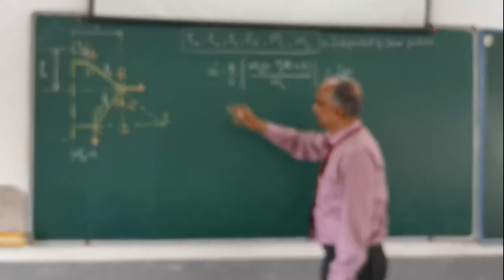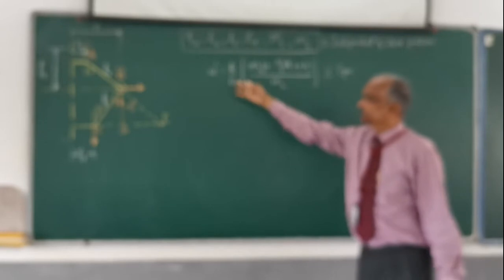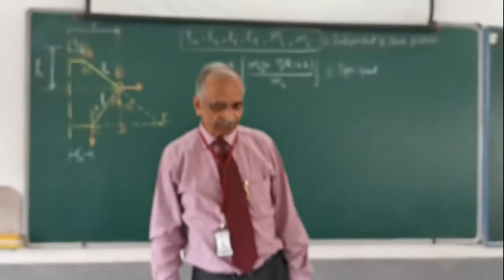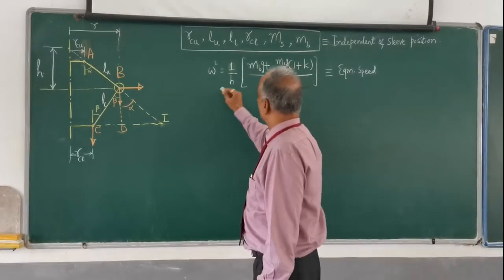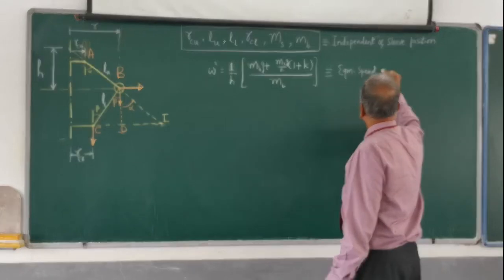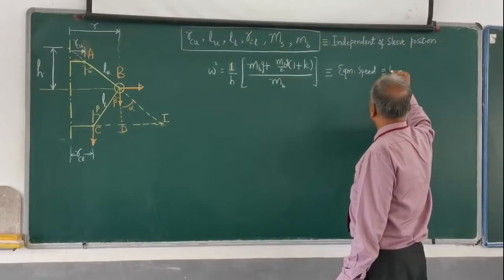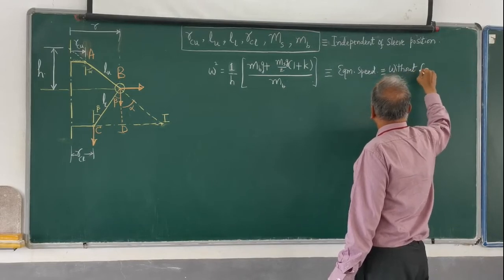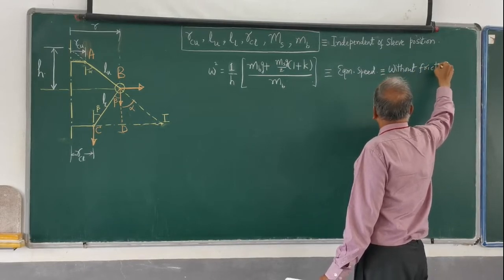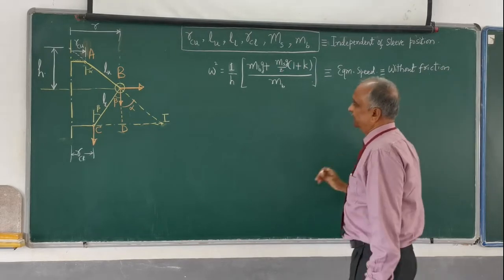This expression gives you the square of the equilibrium speed, and this is the expression to calculate the equilibrium speed. This is without friction. If I don't take friction into account, then this is the speed I would like to calculate.